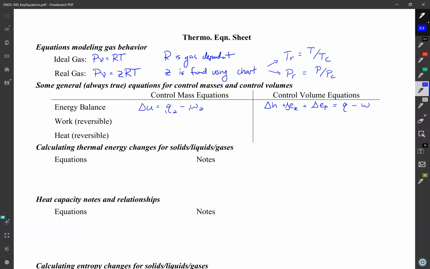Work for both is similar, but a little bit different. For a control mass, work equals the integral of P dV. For a control volume, it's a little bit different because the flow work is already taken into account in enthalpy, so this is minus the integral of V dP.